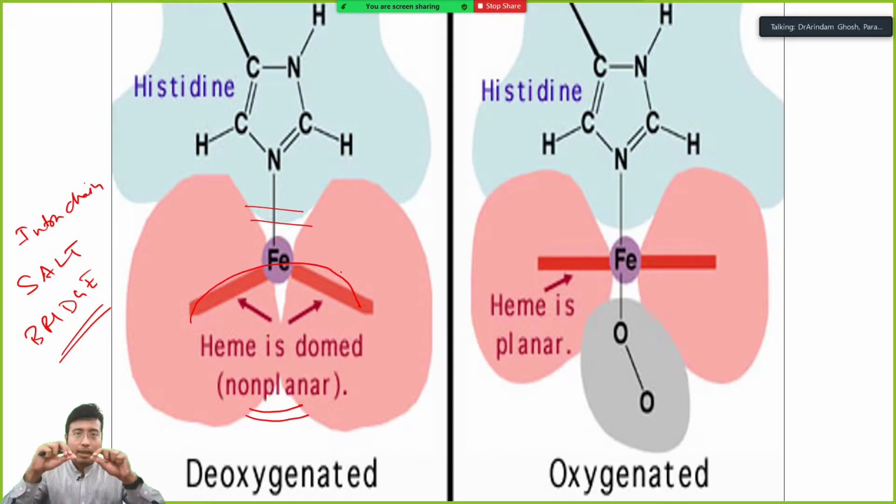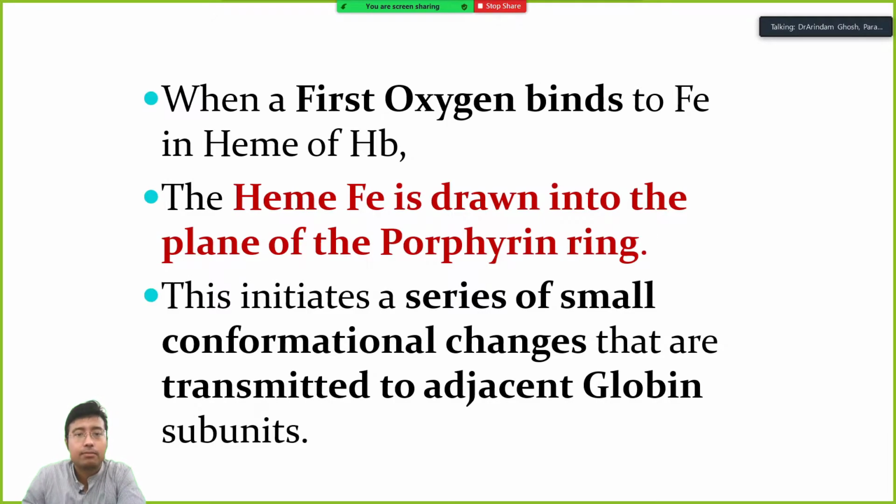This tension, this pressure, is maintained by the salt bridges. So when oxygen enters, the salt bridges are broken. There are multiple salt bridges, and as one oxygen keeps entering, more and more salt bridges continue to break, alright.